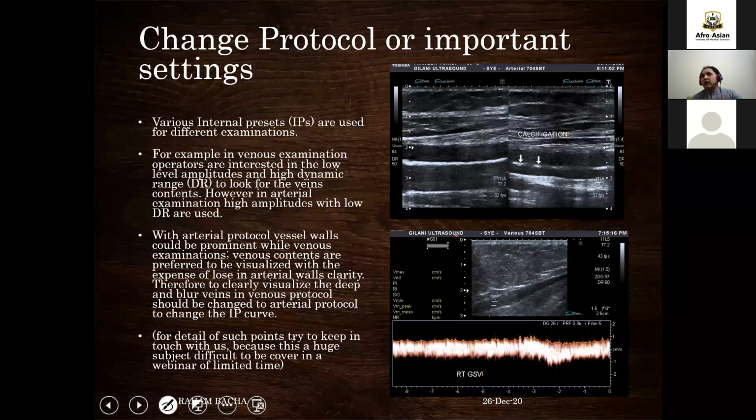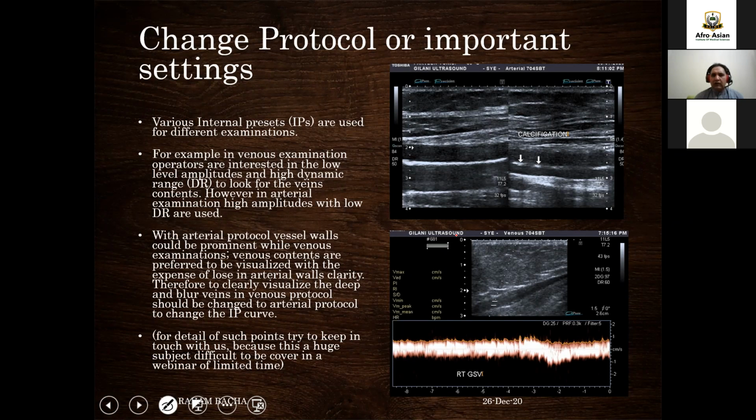But in some cases, the mid-range echoes are given preference. So for this purpose, if we are going to perform examination of arteries, then arteries have been given preference to the high amplitude difference, and veins have been given preference to the low amplitude difference.